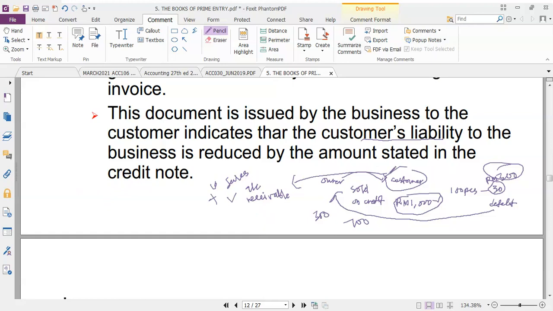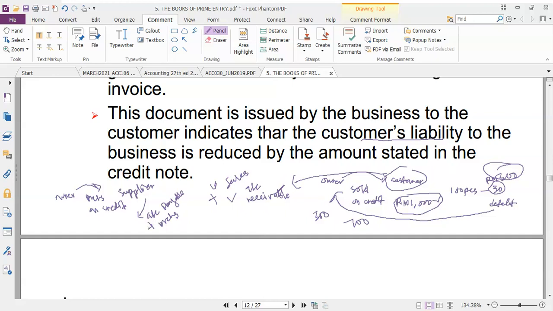If we as an owner purchase goods on credit from the supplier, then the supplier is called account payable. Account payable we will always open with purchases. Purchases with account payable, sales with account receivable.